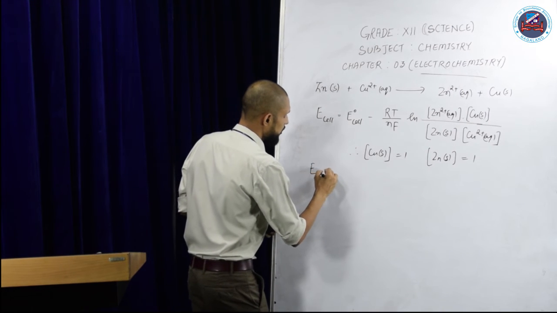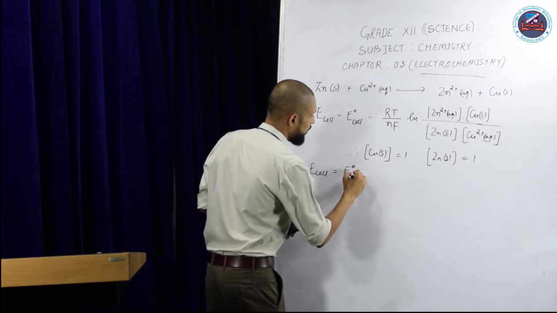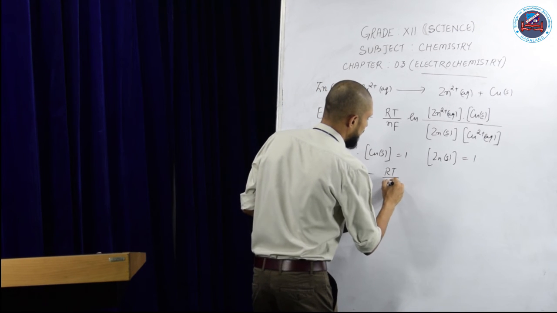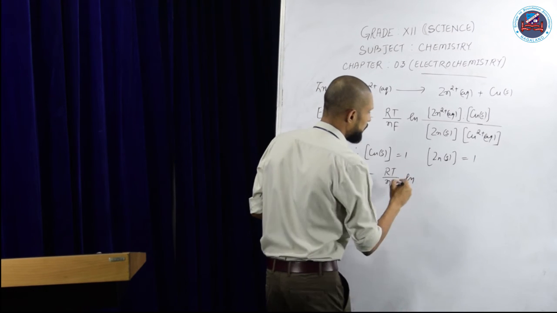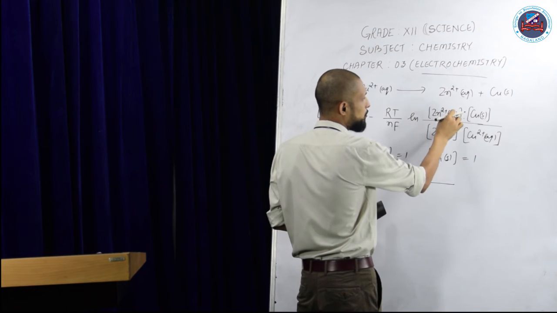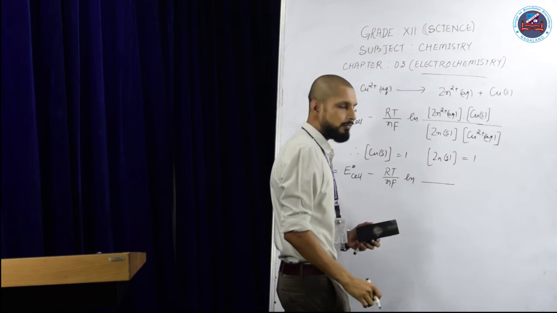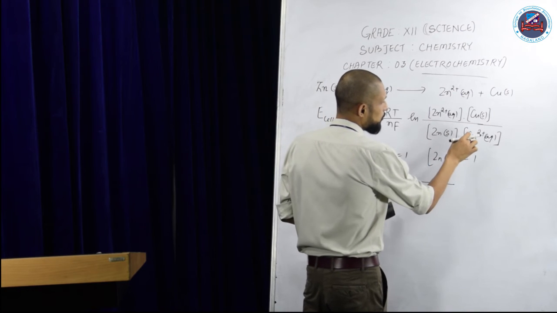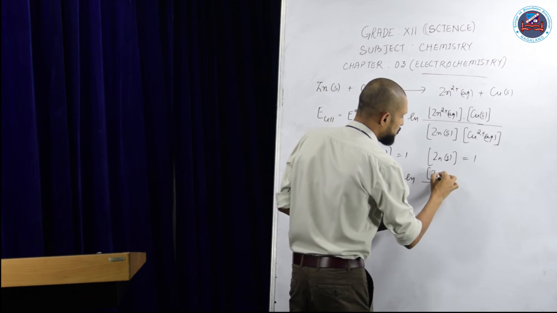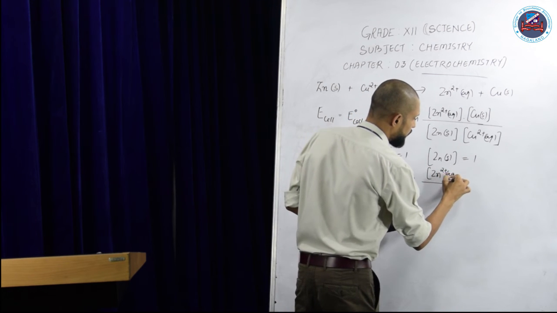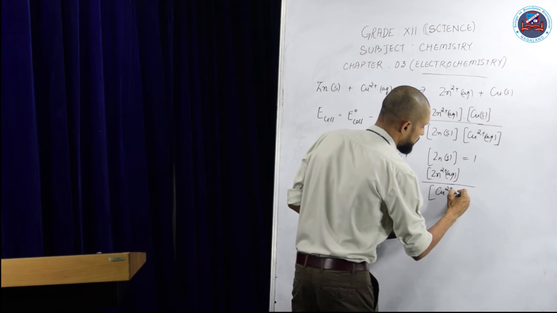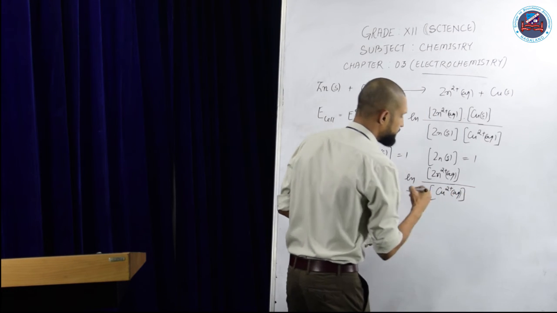So E cell is equal to E naught cell minus RT by nF ln of, in numerator you'll have concentration of Zn2+ aqueous multiplied by 1. In denominator you'll have concentration of Cu2+ aqueous multiplied by 1. So you'll have concentration of Zn2+ aqueous over concentration of Cu2+ aqueous.